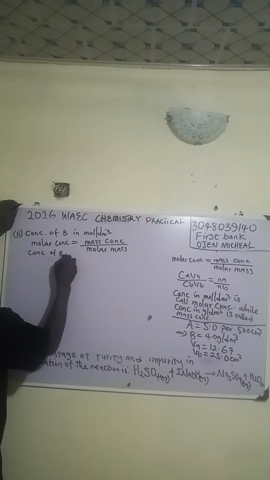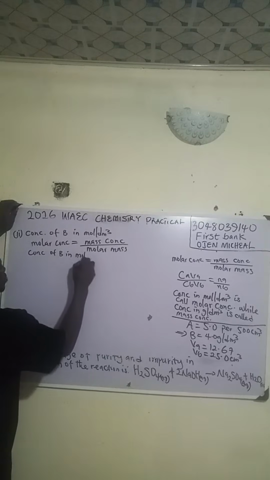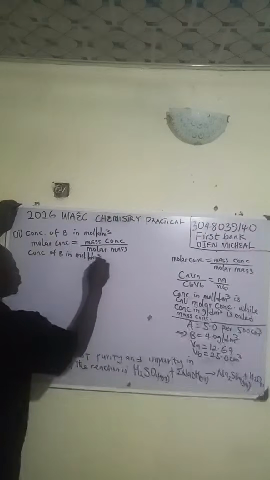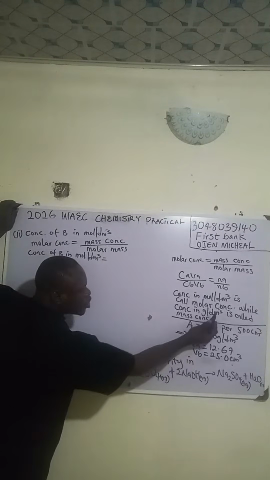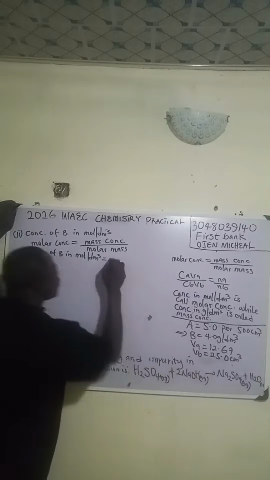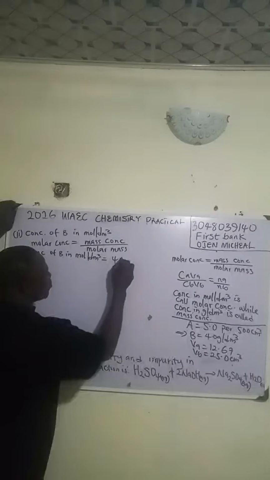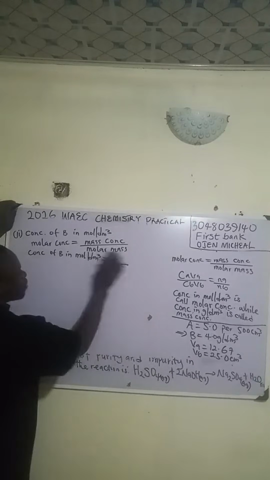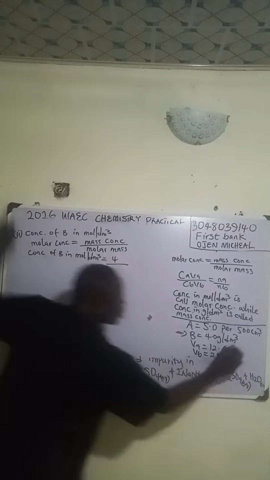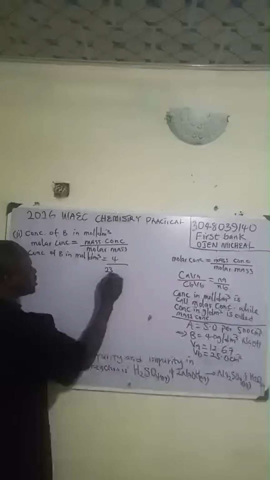Now concentration of B in moles per dm³ will be equal to, what is your mass concentration? I told you that mass concentration is expressed in grams per dm³. And here we have 4.0, that is 4, divided by the molar mass of the base.